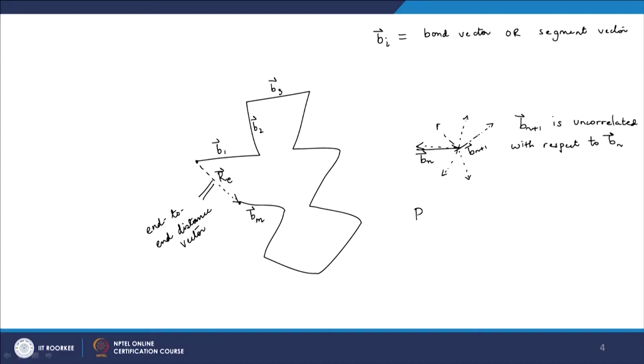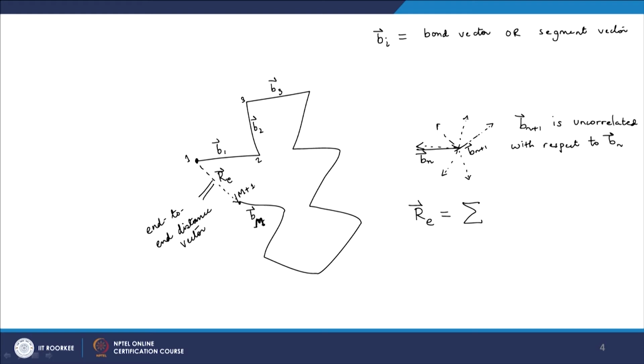So, now if I look at the end to end distance vector, this is a sum over segments. So, now let us say we have capital M total segments, then this is my segment 1, segment 2, let us say I refer to this as capital M, or I can also talk in terms of nodes. This is my 1, 2, 3 and so on. So, it becomes M plus 1.